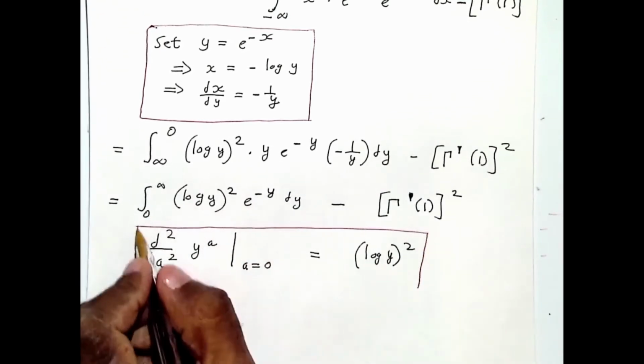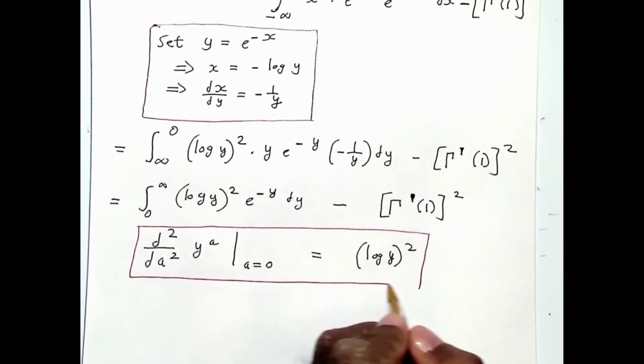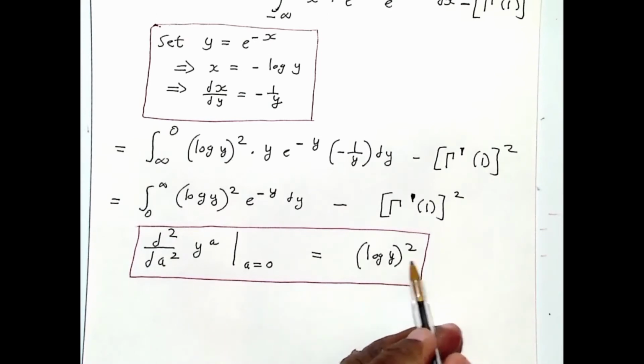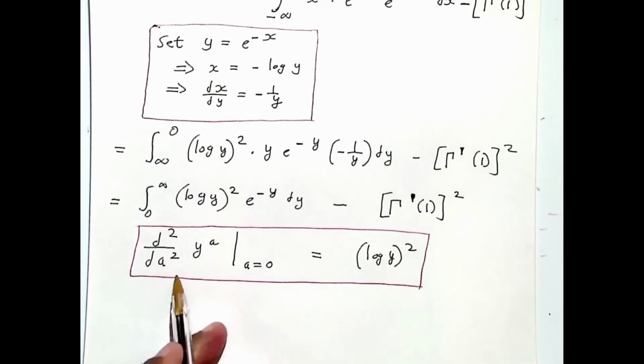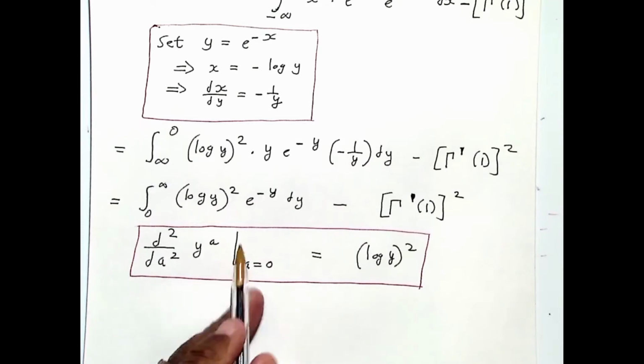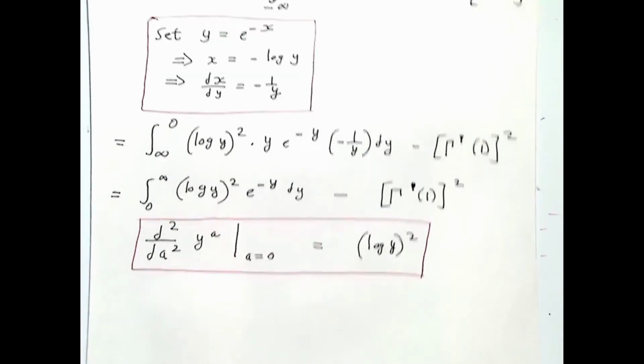So basically, you can replace the square of log of y by the second derivative of y to the power a at a equal to 0. Right.